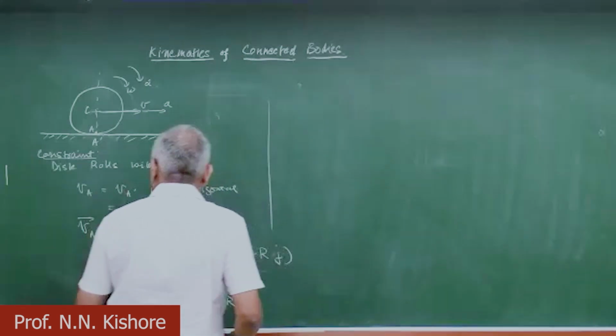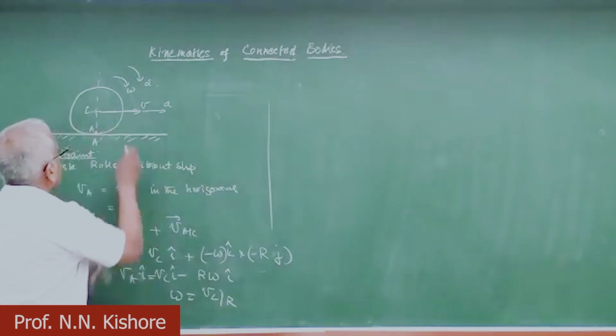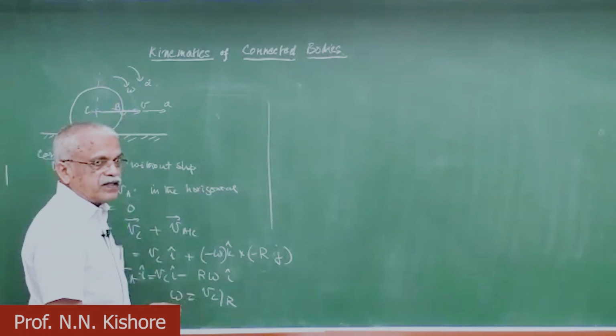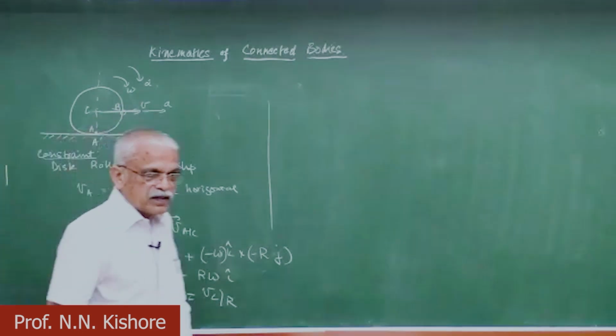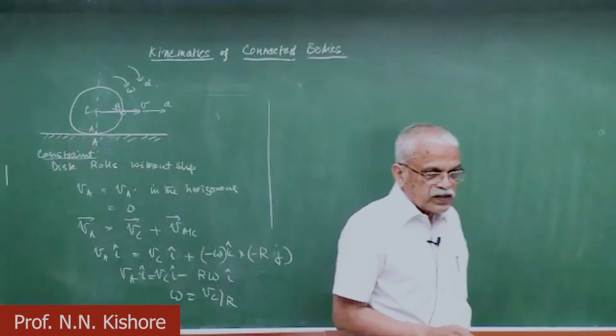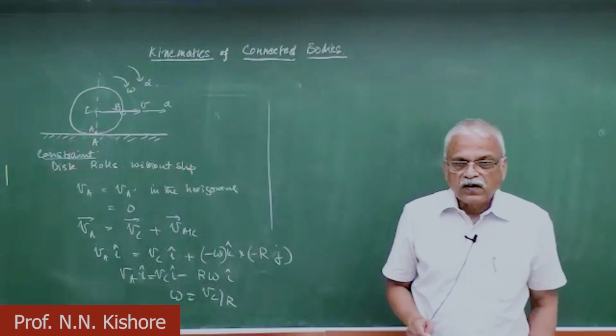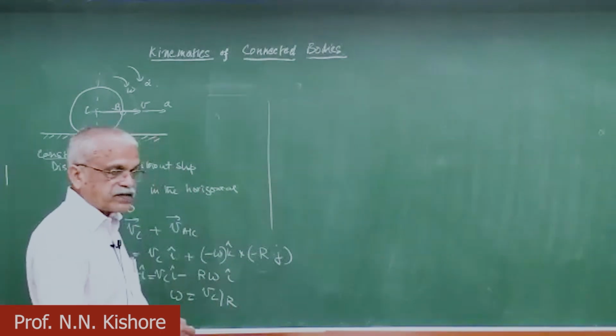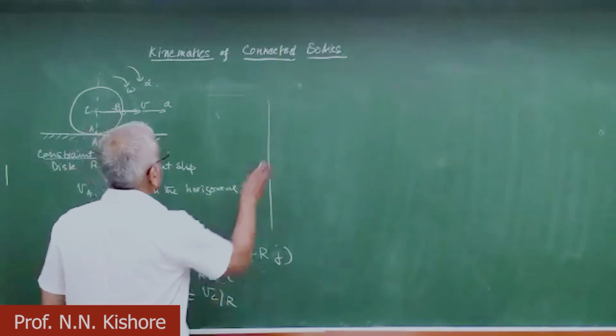So similarly, this is about point A. What about some point B here? If you have a point B here, what is the velocity of B? Is the velocity of B downward, or is the velocity of B horizontal to the right? Okay, it is actually a combination of these two.